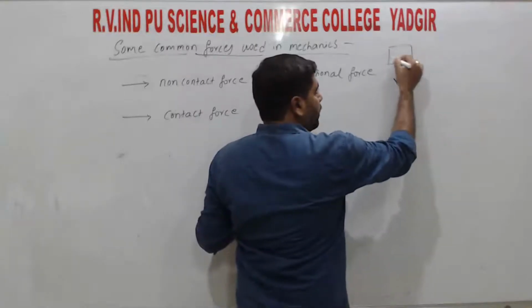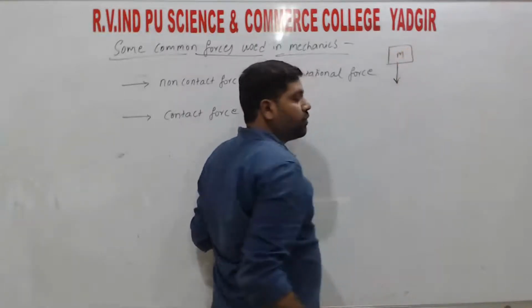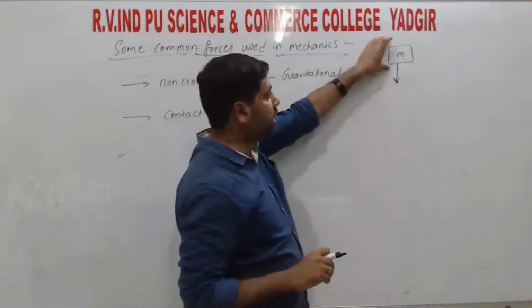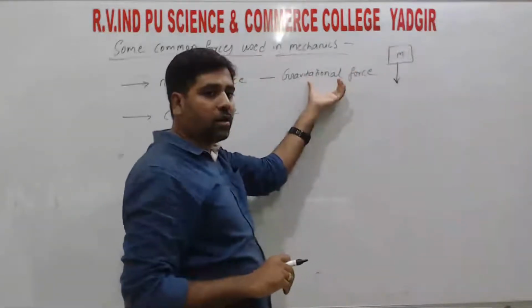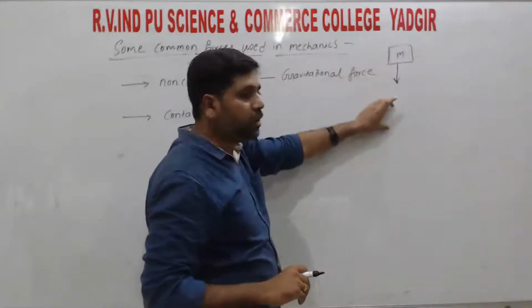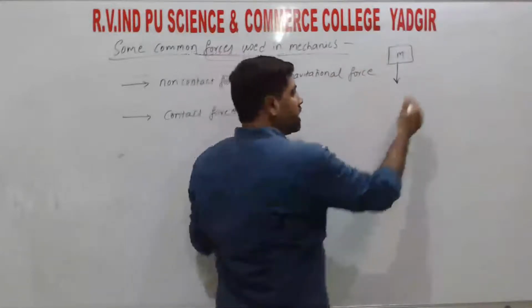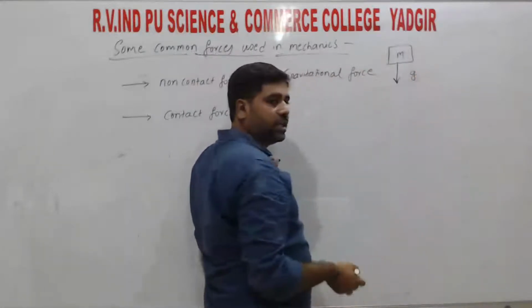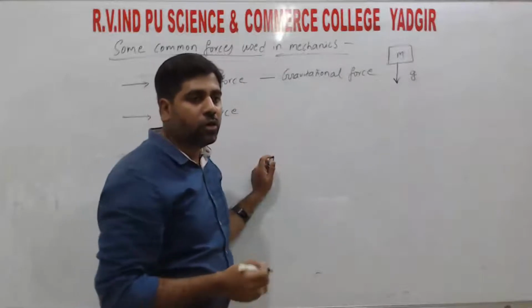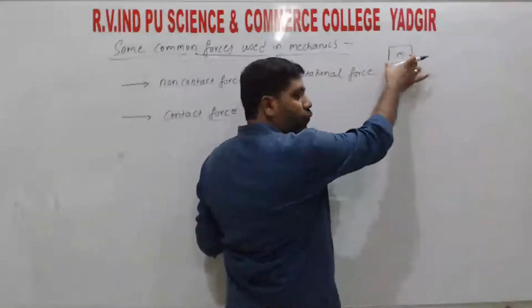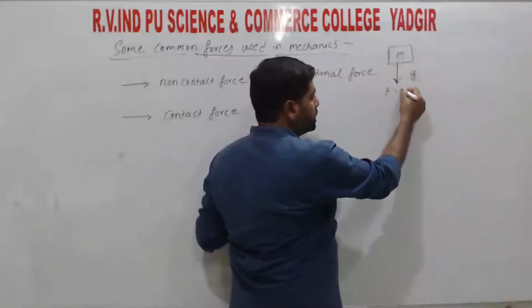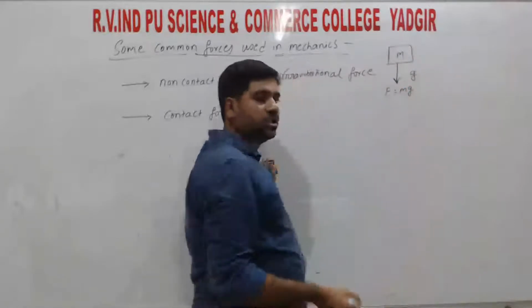For example, if I consider any object having some mass, this object experiences the gravitational force. That means it is moving towards the center of the earth with an acceleration g. So g is the acceleration due to gravity, right? So here the force acting is equal to m into g.